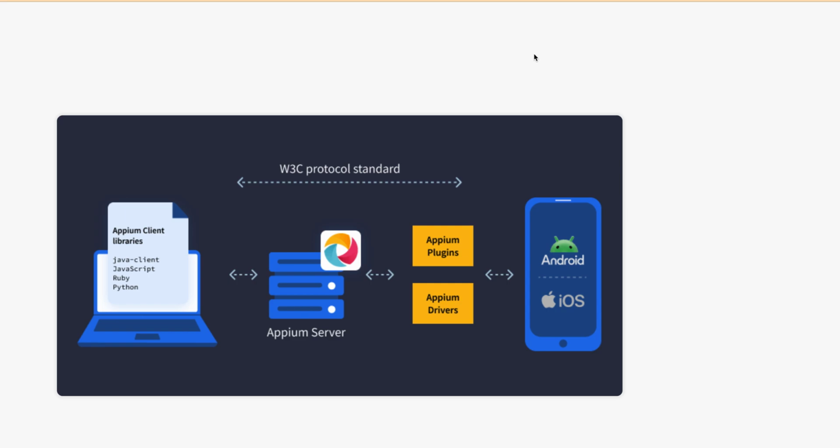Internally it is using the W3C protocol, which is called the JSON wire protocol or mobile JSON wire protocol. The Appium server itself is an HTTP server, so it sends the request in JSON format and receives the response in JSON format, and it's developed in Node.js.